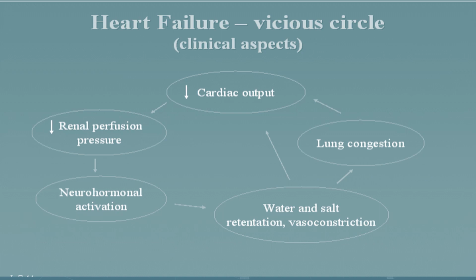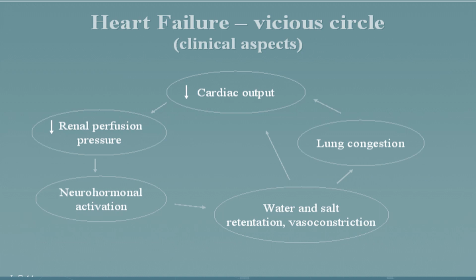So heart failure is a vicious circle. Okay. So what happens in heart failure? The heart is unable to pump the blood effectively, unable to meet the demands of the body. So there is decreased cardiac output. Once the cardiac output is decreased, renal perfusion pressure is decreased.